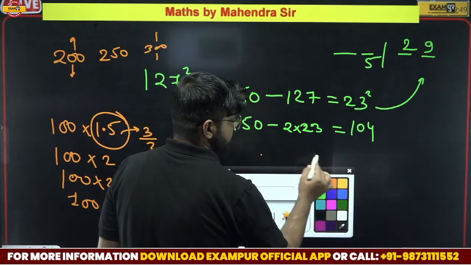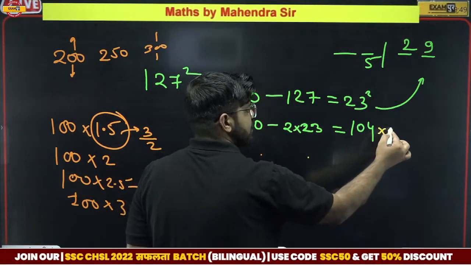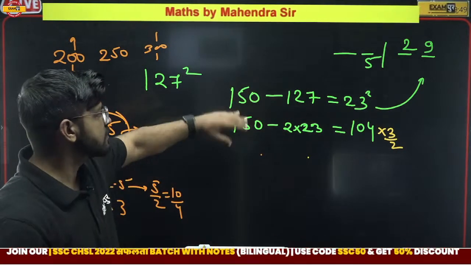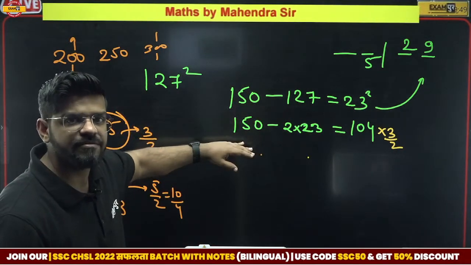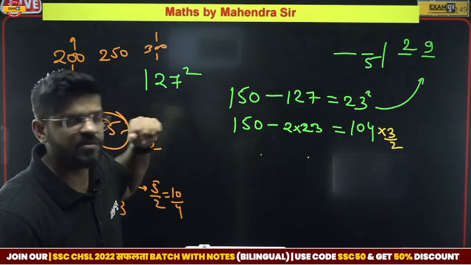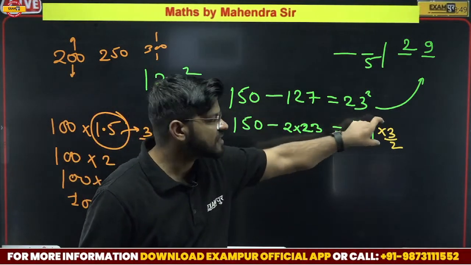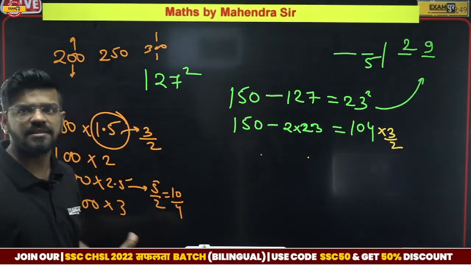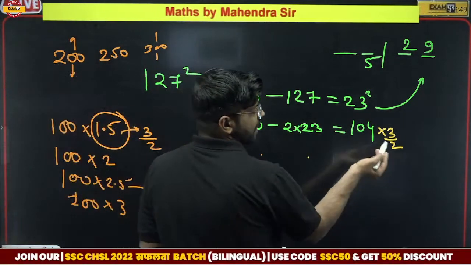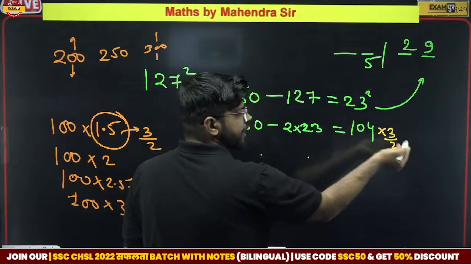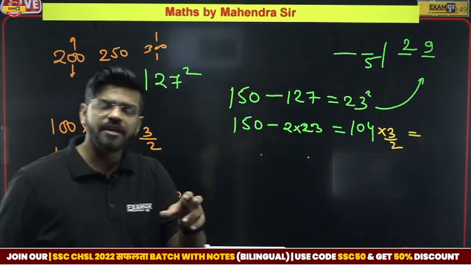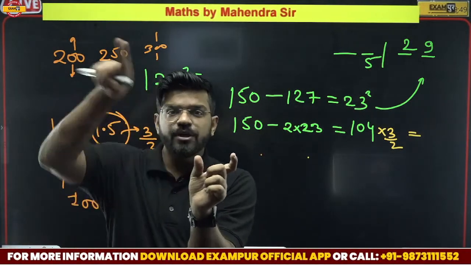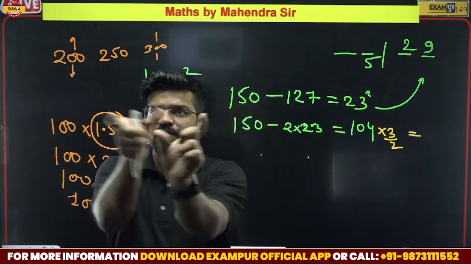Let's solve this question. Here we have to multiply by 3 by 2. Remember that, all numbers from plus 25 from 150 and minus 25 from 150, after this step we just have to multiply by the factor that I told you. Nothing else, the whole trick is the same. So 3 by 2 means divide by 2, which gives 52. 52 into 3, if you can solve it in your mind, that is okay. 52 into 3 is 150 and 6, 156.